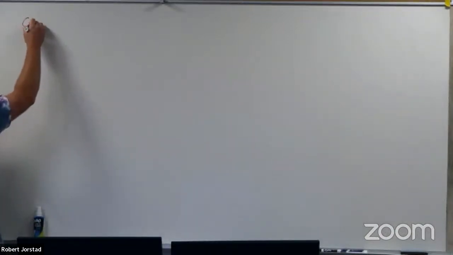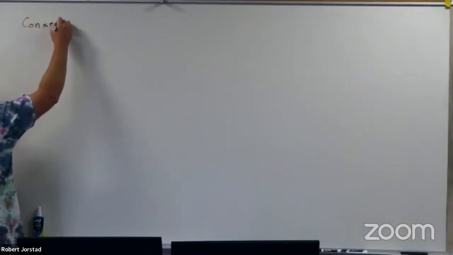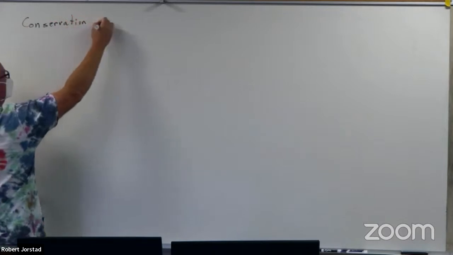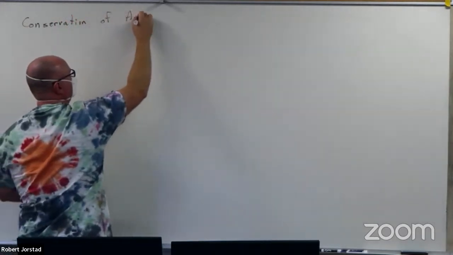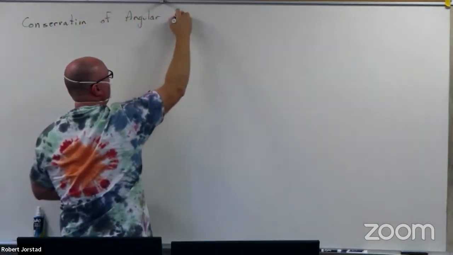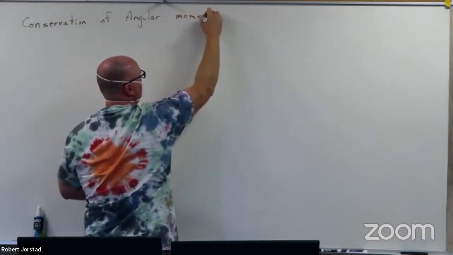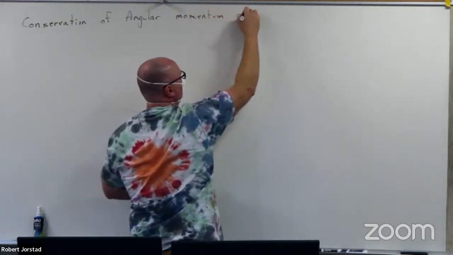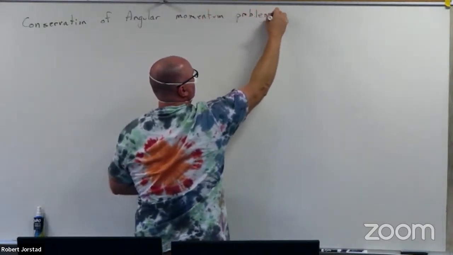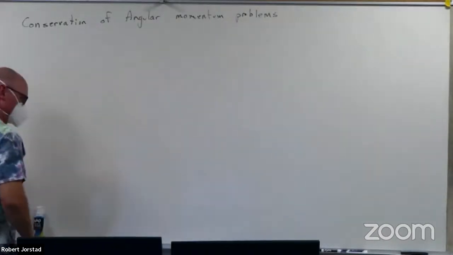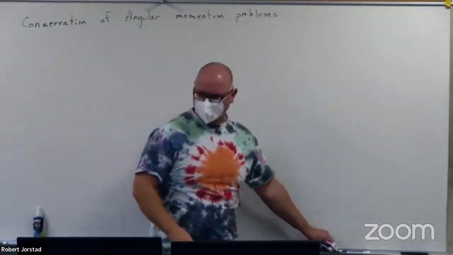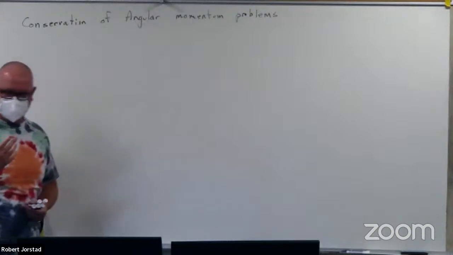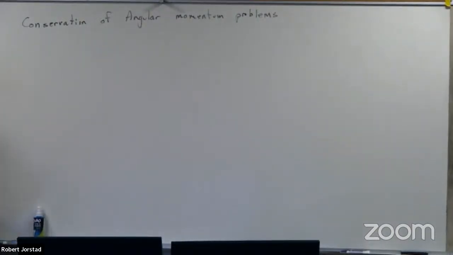Our goal today is to do conservation of angular momentum problems. And let me just give you a quick flow chart for the reasoning, the rationale you might have in your brain as you're trying to do these.